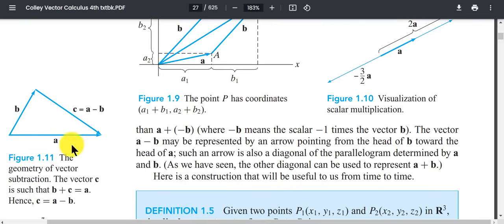Okay, so the picture here shows us where A minus B is in terms of A and B, and it looks wrong, because A minus B, they call it C here, is this vector. So where does it go?